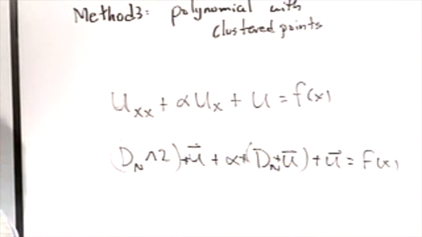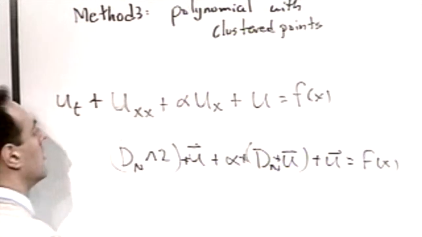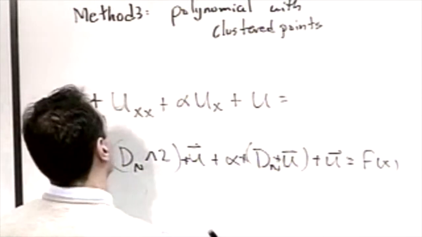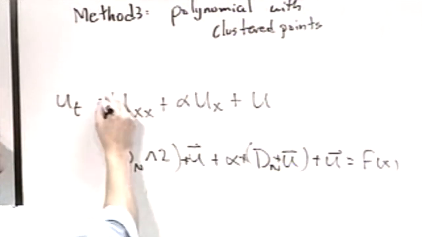Okay? And if you did something like this, what you'd end up with is a big system of equations you can just then do a backslash on, you're done. That's like a boundary value problem. What we're going to mostly be doing is u_t plus this, is equal, or put that over there like that, right?